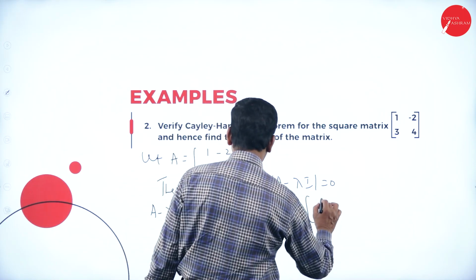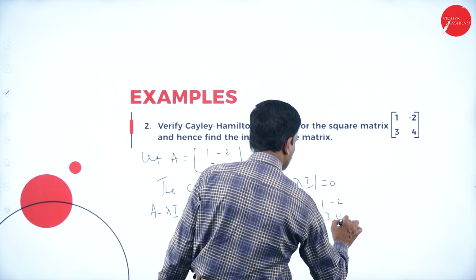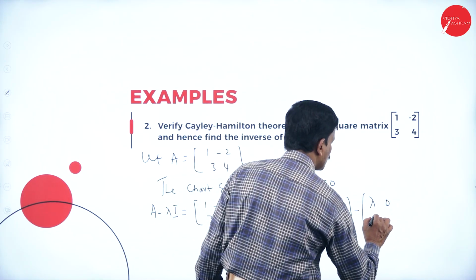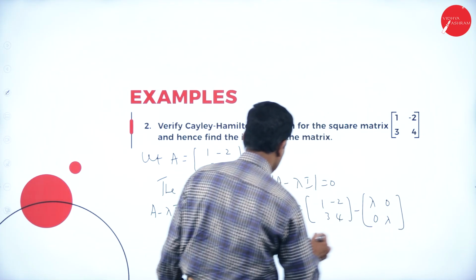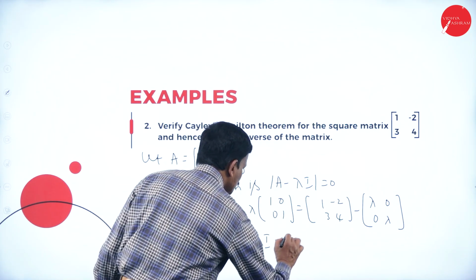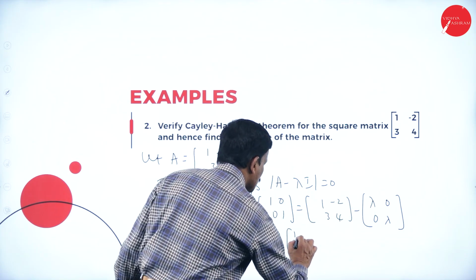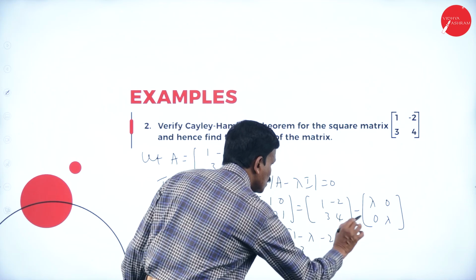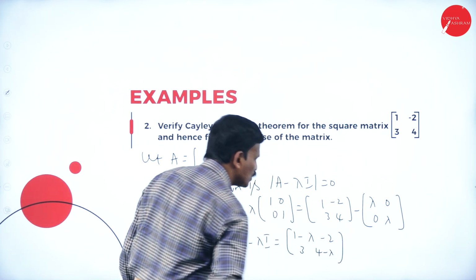That's equal to 1, minus 2, 3, 4 minus lambda into 1 is lambda, 0, 0, lambda. Subtract this. Therefore, A minus lambda I is equal to 1 minus lambda, minus 2 minus 0 is minus 2, 3 minus 0 is 3, 4 minus lambda.